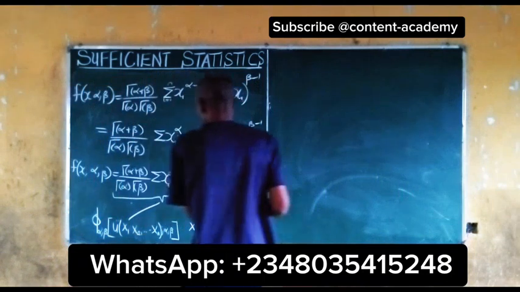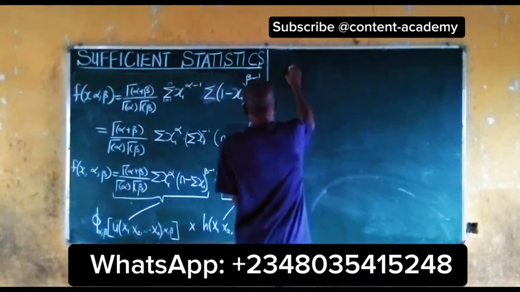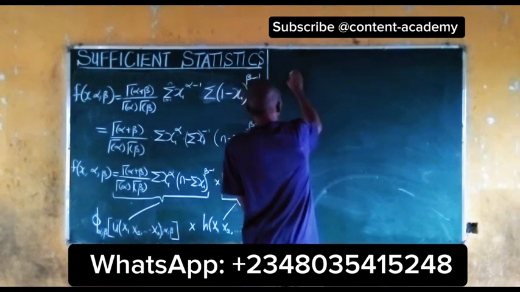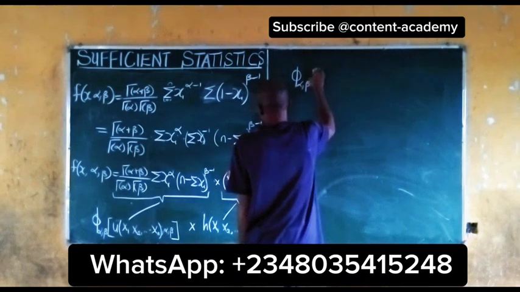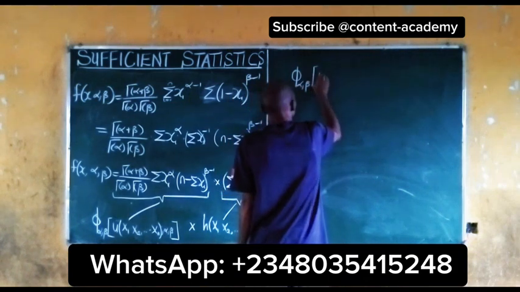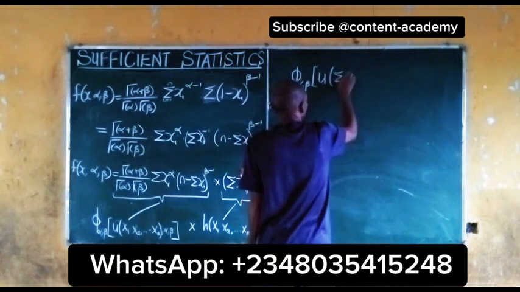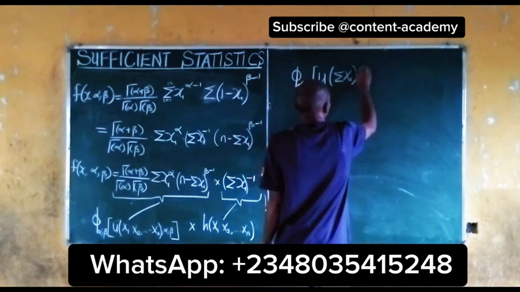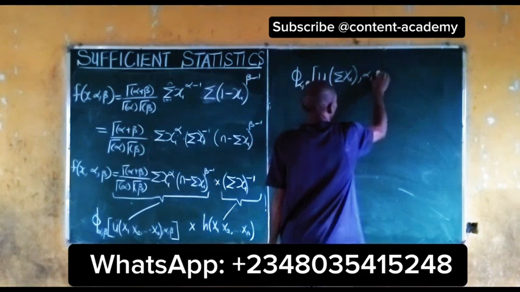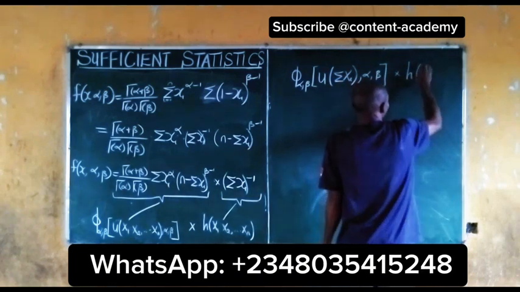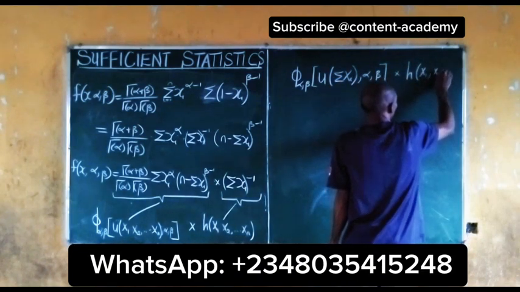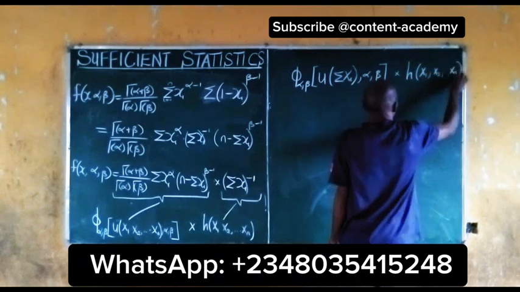So we can conclusively write this same thing as phi of alpha, beta, u of the product of xi, as this depends on alpha and beta, multiplied by h of x1, x2 to xn.